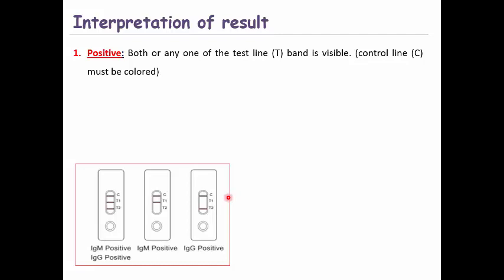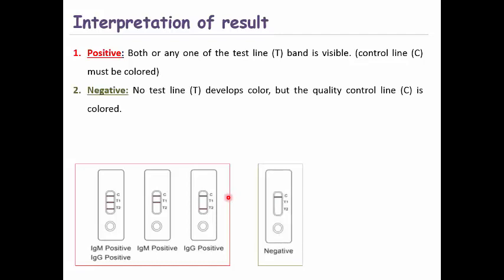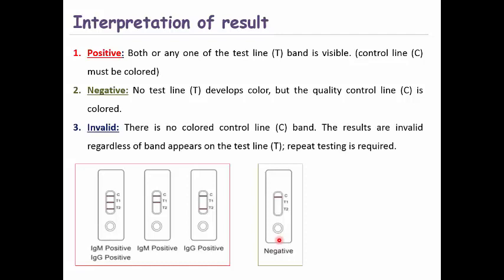Then you can define it as a positive test result. Negative: if the control line is colored but there is no band at the IgG or IgM test line, then you can define it as a negative test sample.